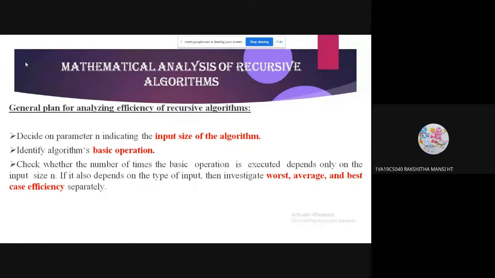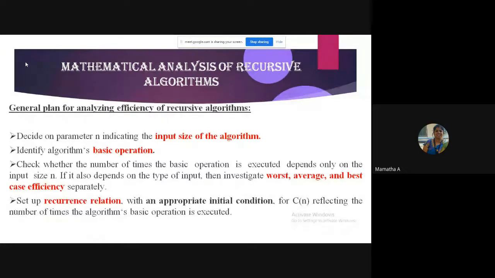Recurrence relation, with appropriate, what? When I set up a recurrence relation, I need something. What do I need? Initial condition, yes. So I should set up a recurrence relation with an appropriate initial condition. Otherwise, you cannot solve the recurrence relation.